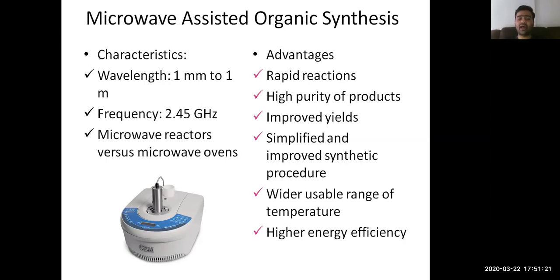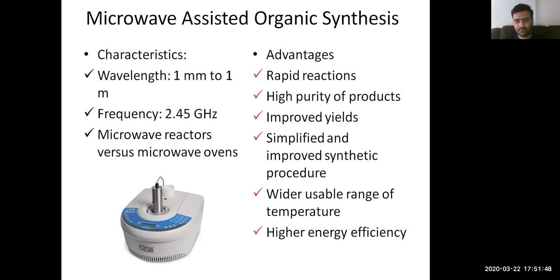And that is the reason we have a design like this of a microwave reactor, in which the RB flask, which goes here at the center, and it also has a mechanism to monitor the pressure. If at all the pressure goes beyond a certain permissible limit, then you can have some safety feature in your microwave reactor, that it can cut off the microwave source completely. So all these attachments are also included.